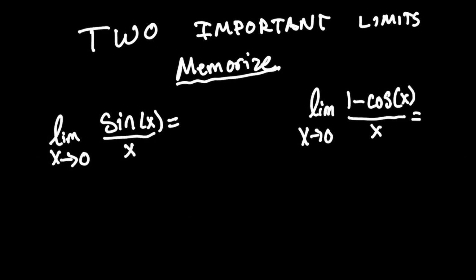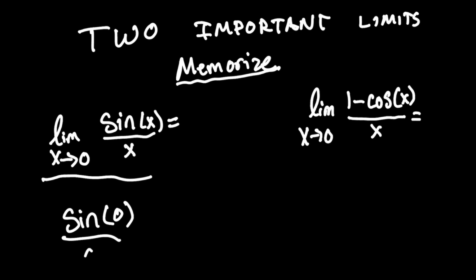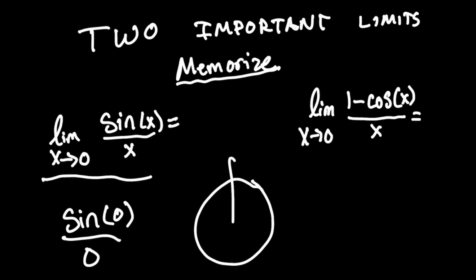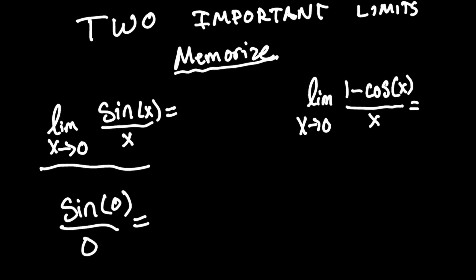Here are two very important limits that we see in calculus a lot. Now, if I were to plug in for this first limit, direct substitution, sine of 0 over 0, well, on our unit circle, at 0, sine of 0 equals 0. The problem is that sine of 0 over 0, when we directly substitute, is going to give us 0 over 0, or that indeterminate form.